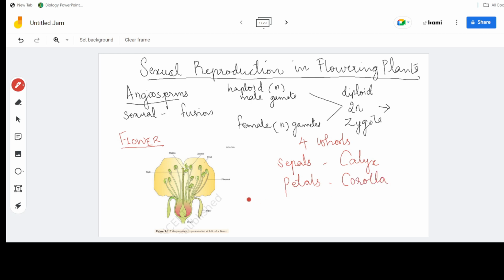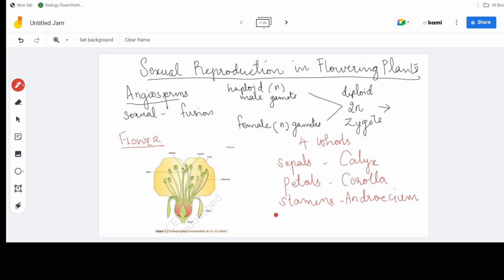C-O-R-O-L-L-A, corolla. The next whorl is made of stamens, which together are called androecium, A-N-D-R-O-E-C-I-U-M, androecium.